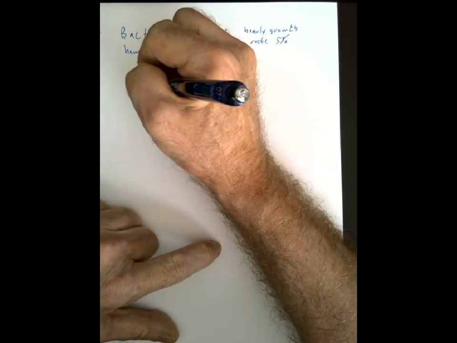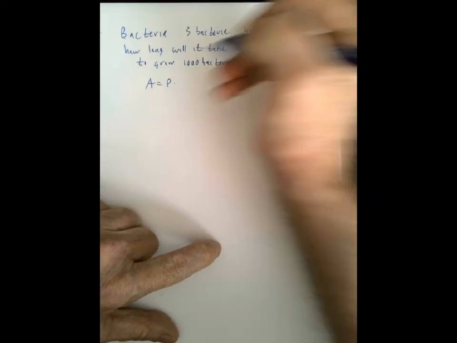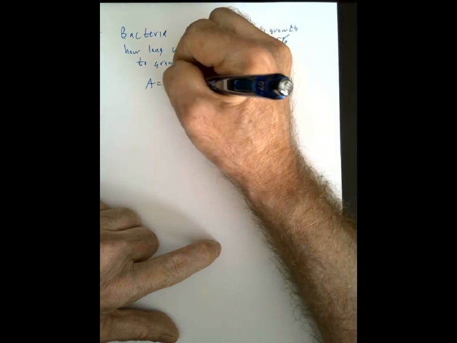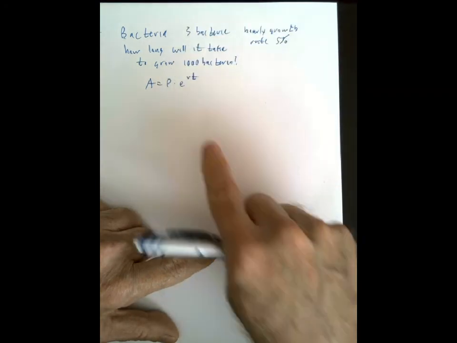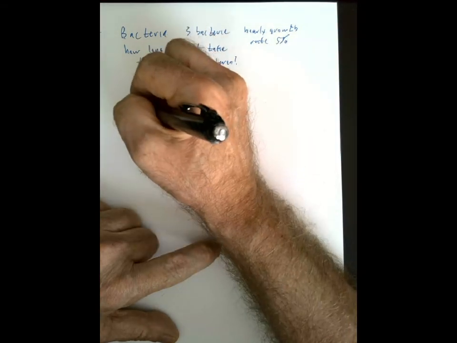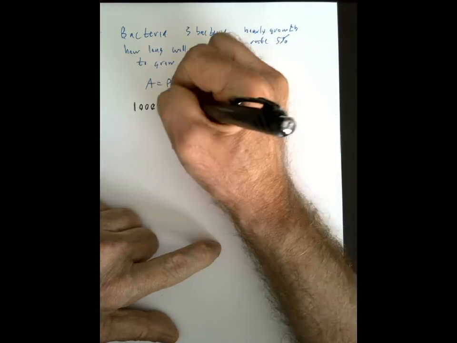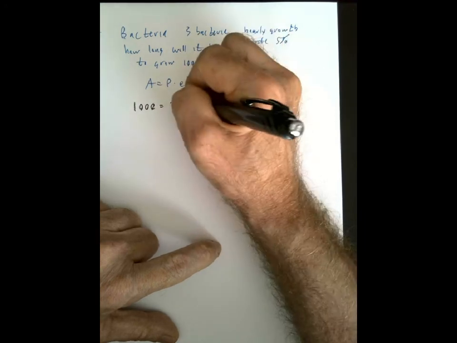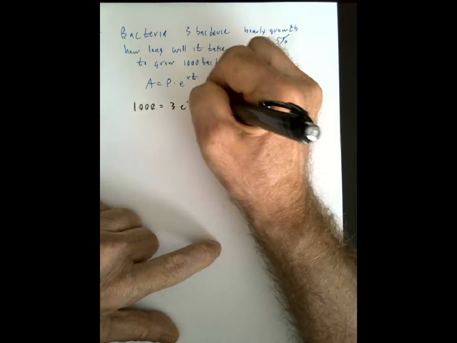Okay, we're still using our same formula here, right? A is equal to P times e to the rt. But now A is going to be 1,000, P is 3, e to the 0.05t.